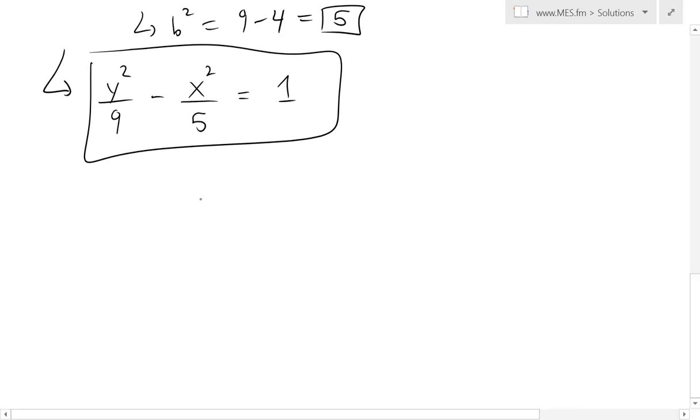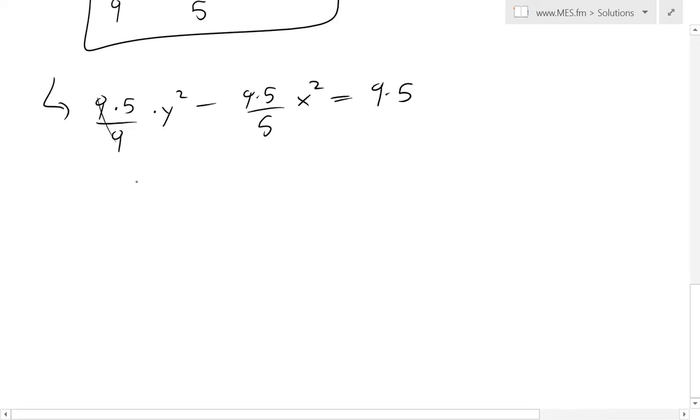We could also write this out in a different way by multiplying by 9 times 5, or 45, so we have a common denominator at the bottom. So we multiply 9 times 5 times y squared over 9, plus 9 times 5 times x squared over 5, equals 9 times 5.